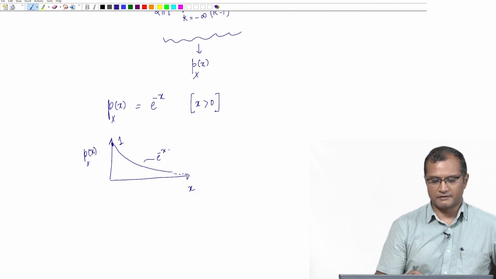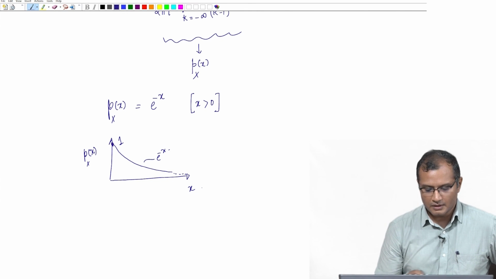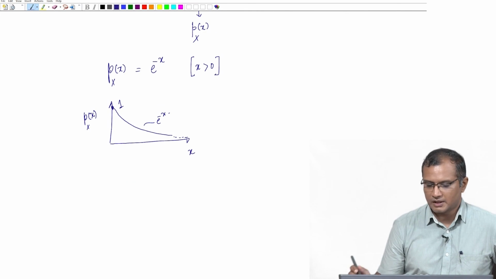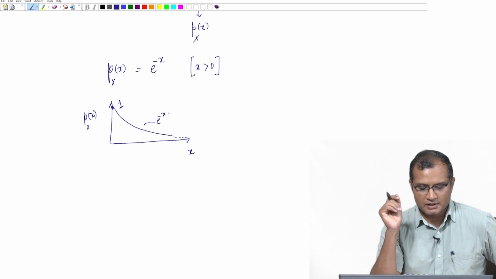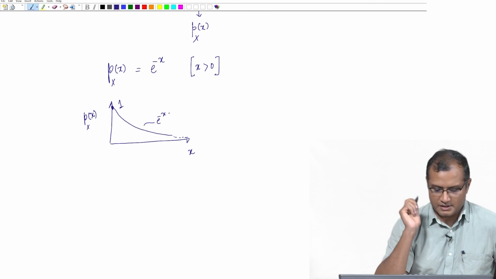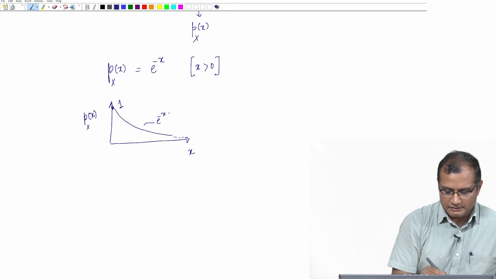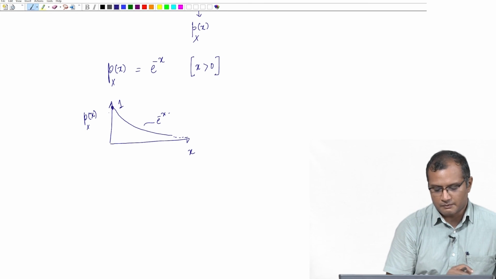So, this is your PDF. That is how you can construct the PDF knowing the behavior of the averages through the method of characteristic functions. So, we will end the class here and proceed from the next lecture.